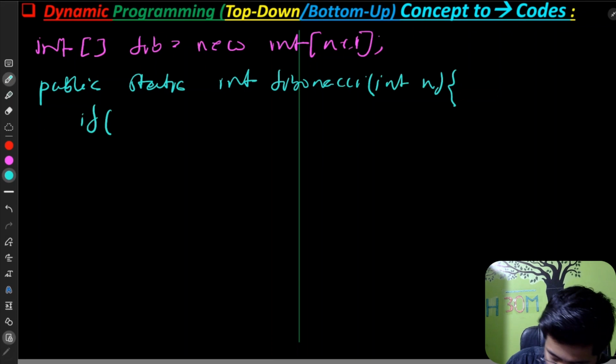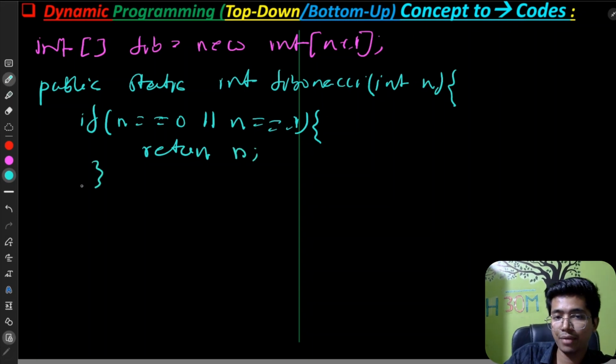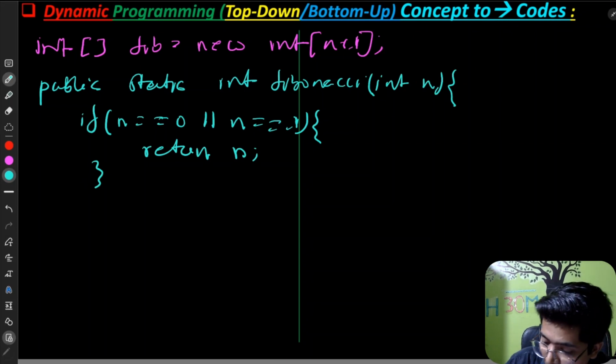Now we'll be checking the base criteria, that is if n equals to 0 or n equals to 1. Then if you get 0 or 1, we'll simply return n, or we will assign a few values to Fibonacci of 0 and Fibonacci of 1.